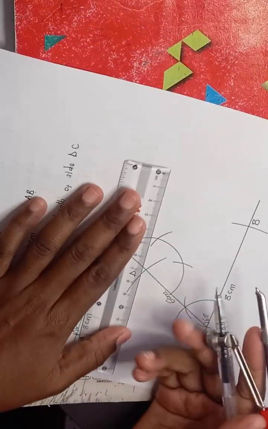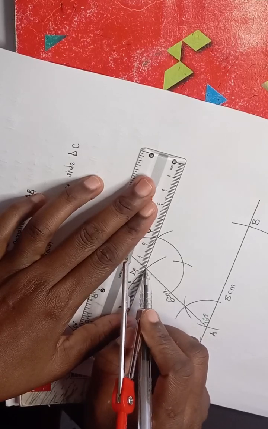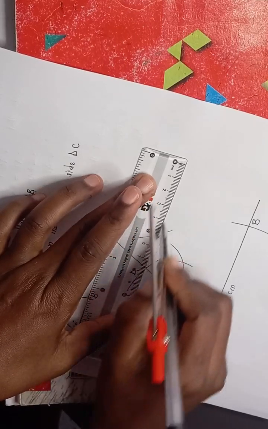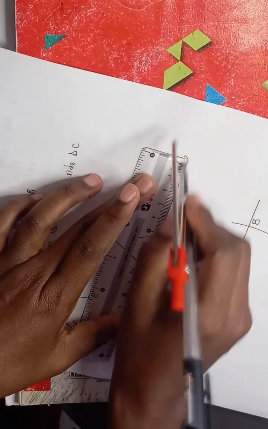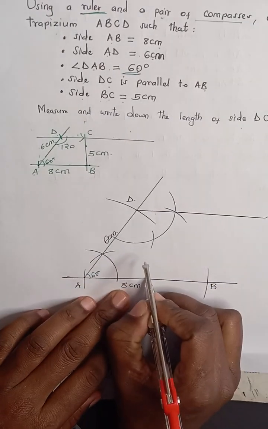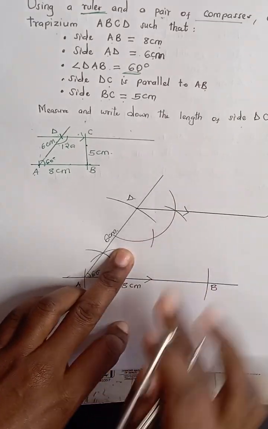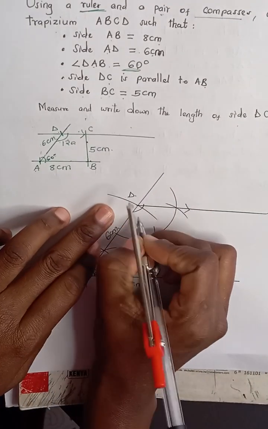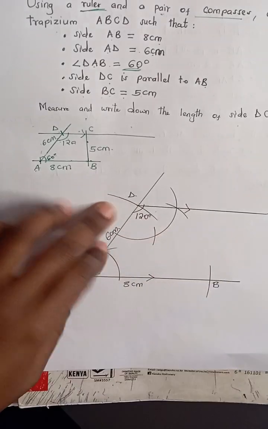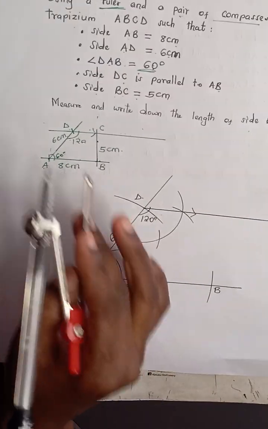And then we connect that point of intersection of the arcs with point D. And that's how we make the parallel lines. AB and DC are parallel, and this angle is 120 degrees.